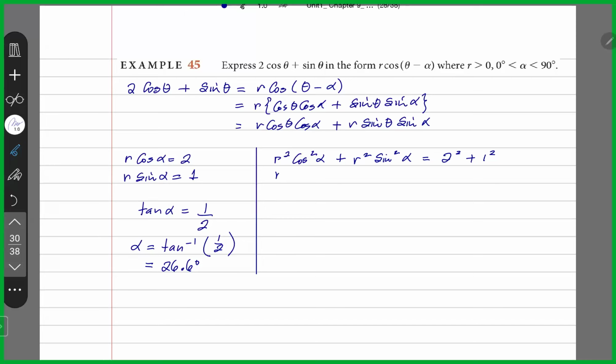R squared is common, and this is equal to 4 plus 1, which is 5.